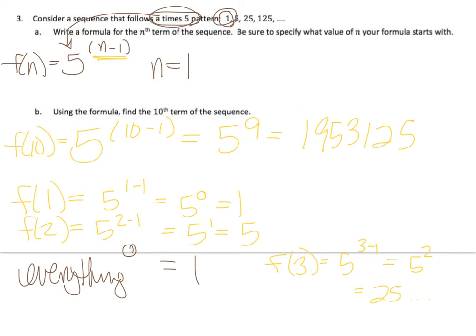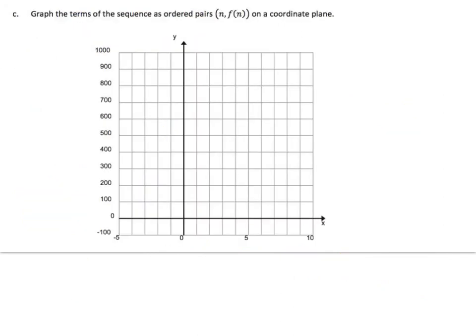Cool, let's graph them. You have it in front of you. My first term is 1, so over 1, up 1. Oh my, that's near impossible. Over 2, up 5. I love this graph they've given us.